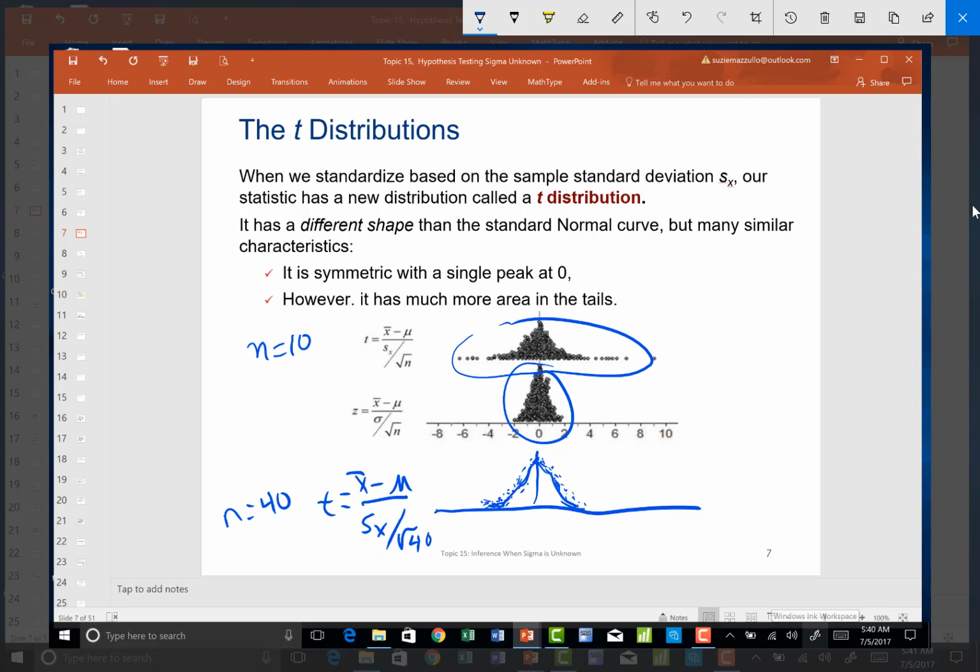And as my sample size increases, we're going to find out, if n gets to be, let's say, 1,000, my student t distribution is going to look very, very similar to that distribution. It's going to get very tight, and it's going to look almost exactly like the standard normal distribution.